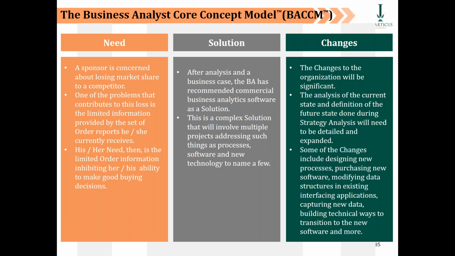Some of the changes being thought of in this case are designing new processes, purchasing new software, modifying data structures in the existing interfacing applications, plus capturing new data, plus building technical ways to transition to additional new software.